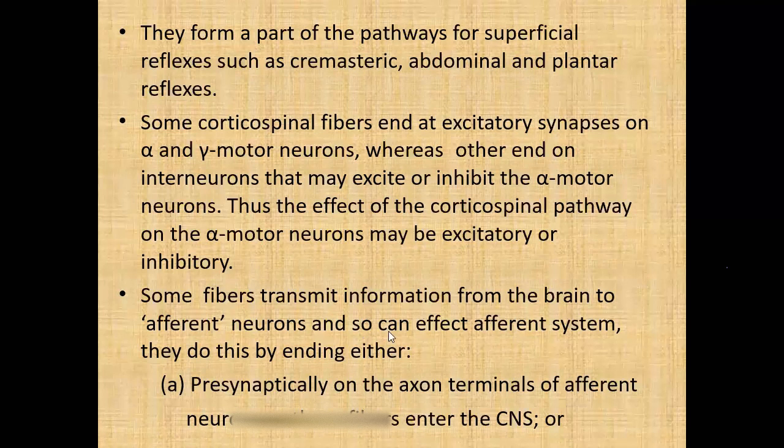Afferent, which take the information towards the brain, and so can affect the afferent system as well. Okay, and how do they do it? They terminate on the afferent system. So the motor responses which are coming down may also affect the afferent responses or the information going upwards.